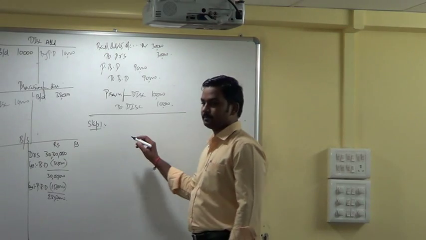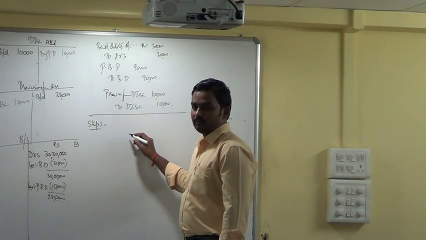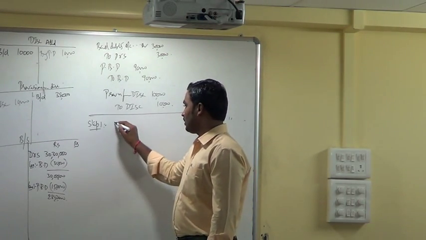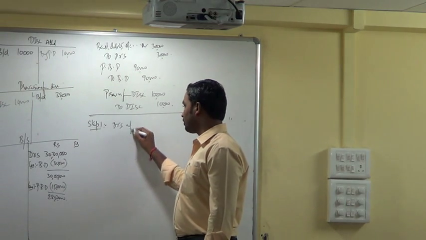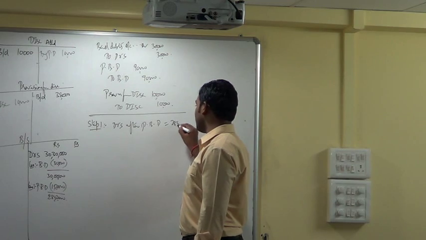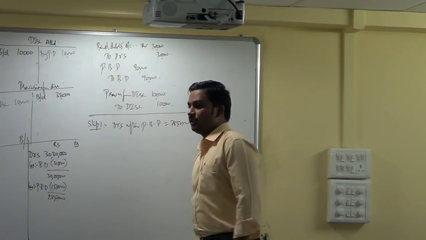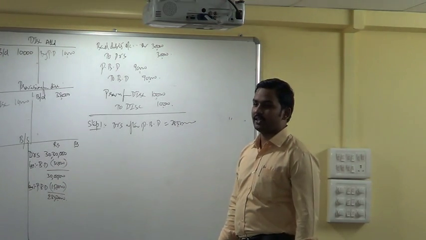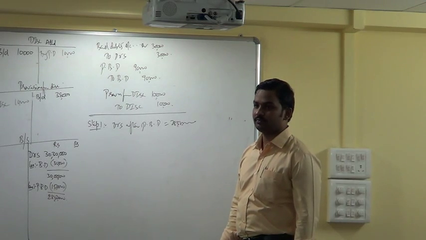Step 1: Debtors after provision for bad debts, 28,50,000.